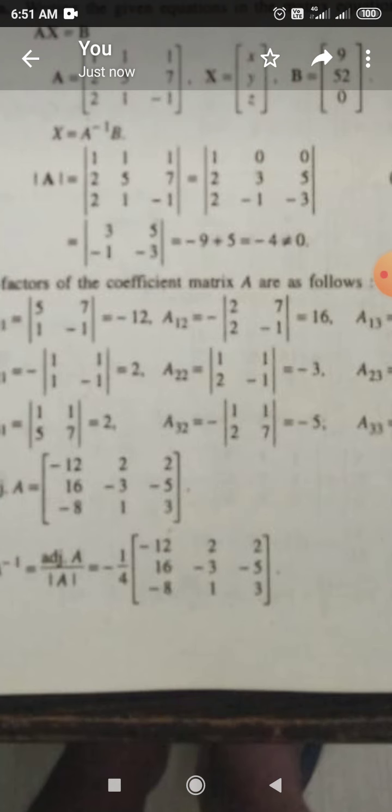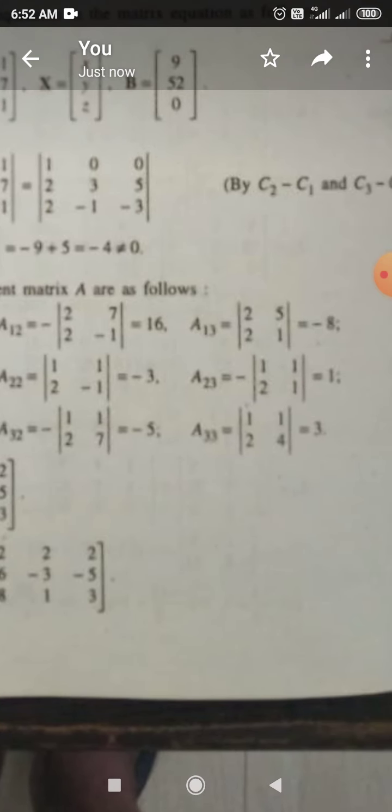For A12, there is a negative sign before the cofactor, so 2 7, 2 minus 1, and similarly A13 is positive, because 1 plus 3 is equal to 4, that is an even place, so it is positive: 2 5, 2 1.